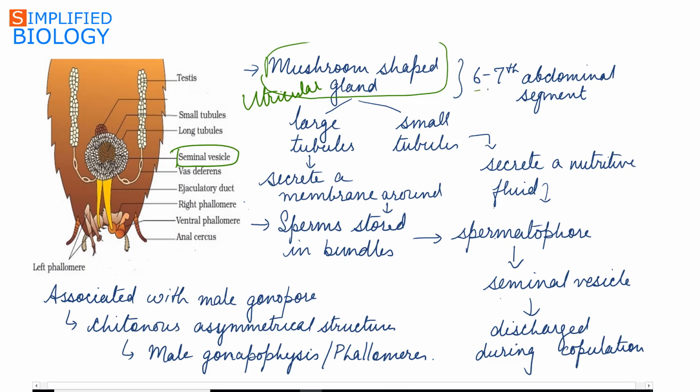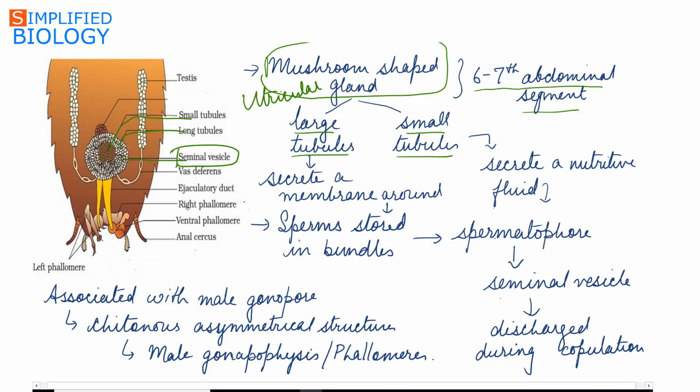Present at the 6th and the 7th abdominal segment. These are accessory reproductive glands. They consist of large tubules and small tubules. Now these are the large tubules and these are the small tubules.